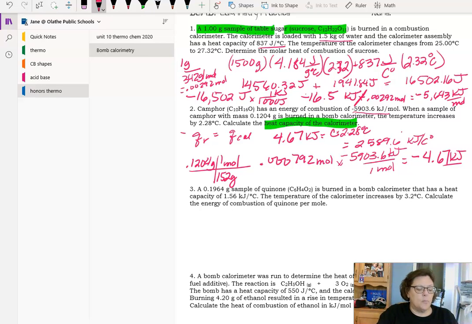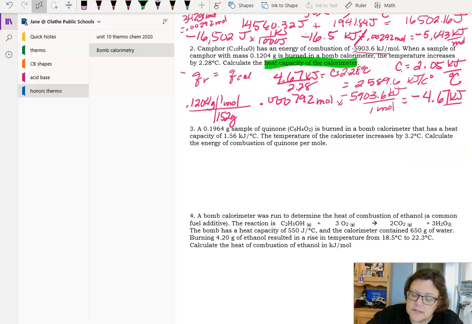So we're going to take 4.67 kilojoules divided by 2.28, and the heat capacity, therefore, will be equal to 2.05 kilojoules per degree Celsius. All right.